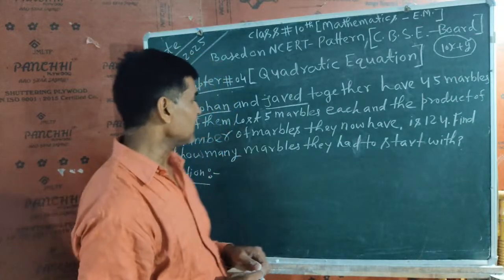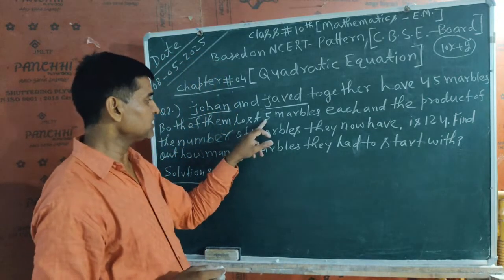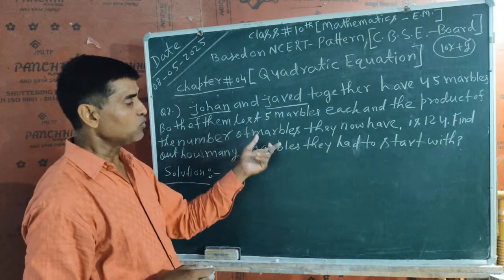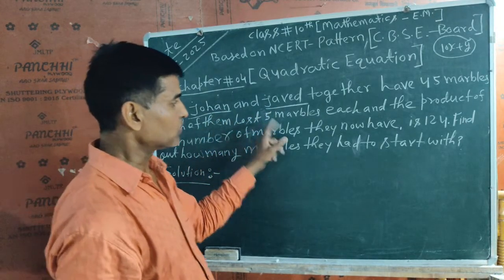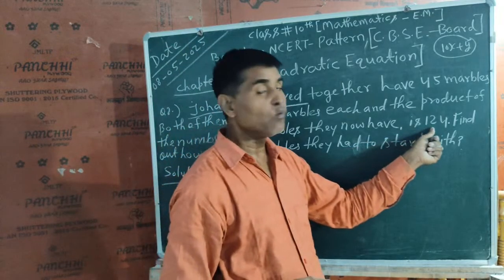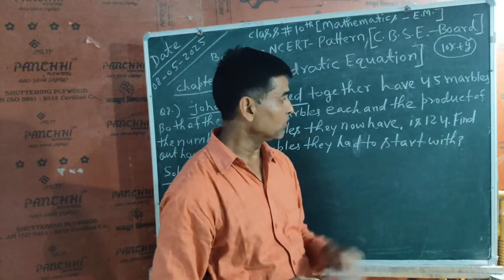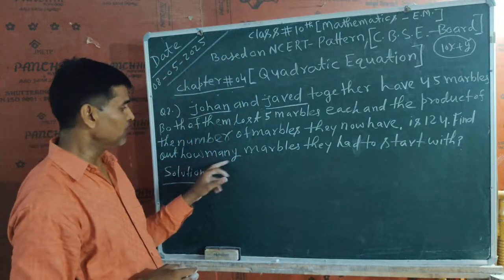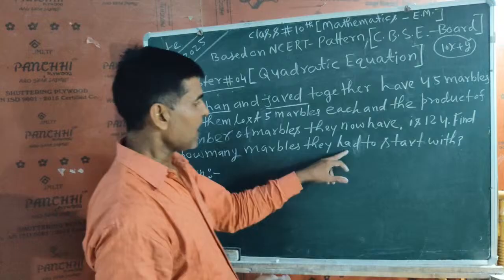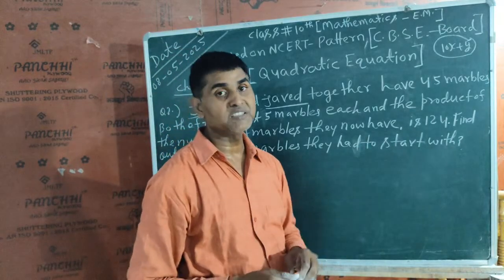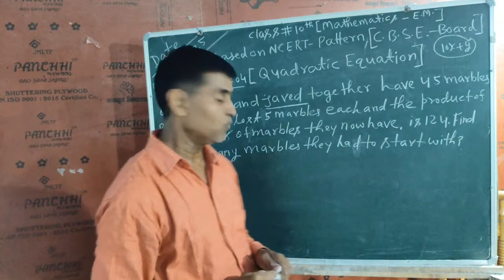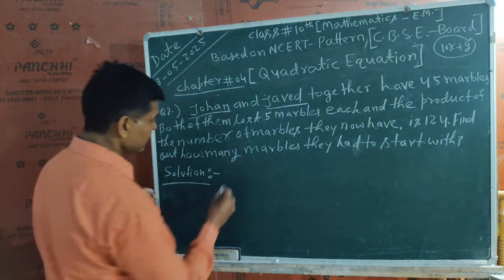It means that after subtracting 5 marbles from Johan and also Javed, we will take the multiplication of both, and that will be equal to 124. So find out how many marbles they had to start with, meaning how many marbles both had at the start.